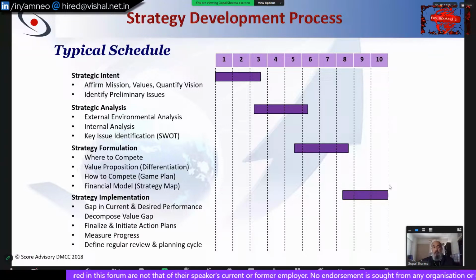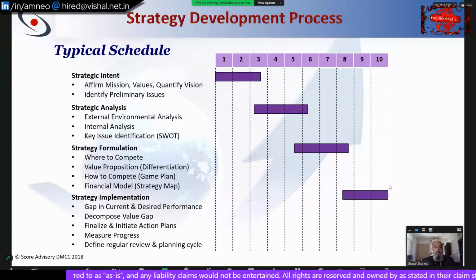Then you do the strategic analysis, as I told just in the previous slide, that you do the external environment analysis. Then you also do the internal analysis, which includes capabilities, resources, and all those things. And then identify the key issues or key areas of focus where we want to focus and improve.